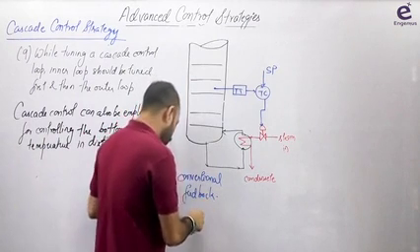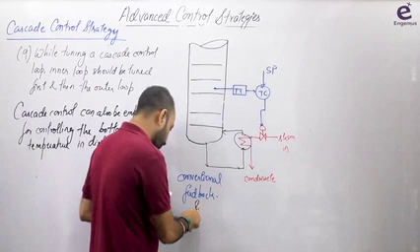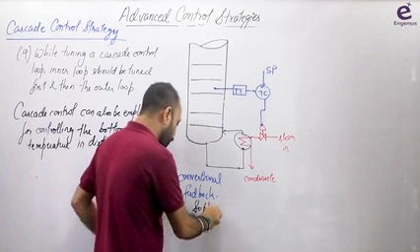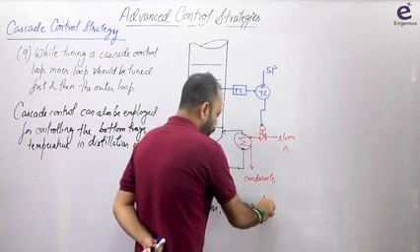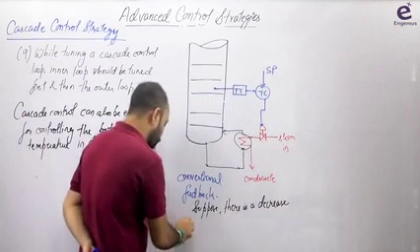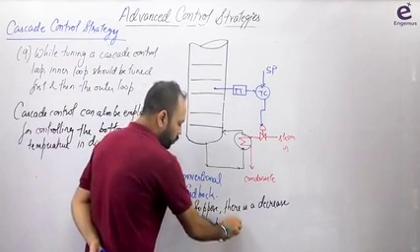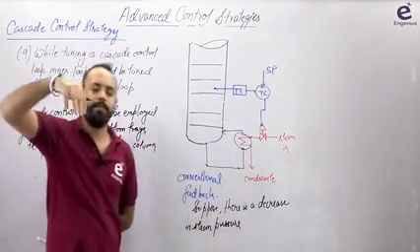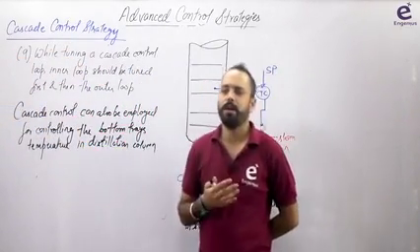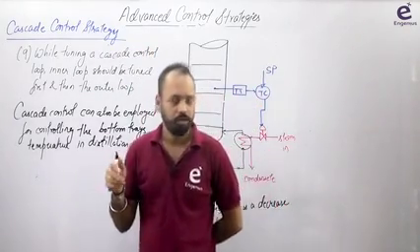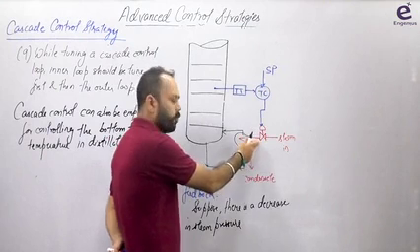Suppose there is a decrease in steam pressure. Now this valve is not controlling the steam pressure. The change in steam pressure depends on what is going on in the back-end process. The steam is coming from the steam header, and the steam header is also supplying steam to the various processes. So suppose there is a decrease in the steam pressure, due to which the flow rate will decrease.